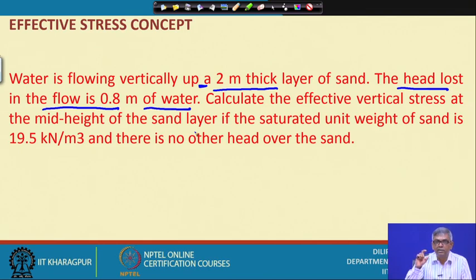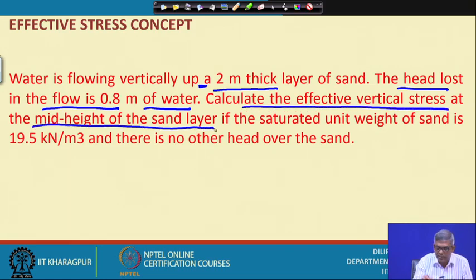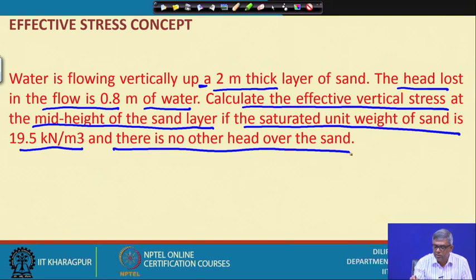That means the difference in head which is causing the flow is 0.8 meter. Calculate the effective vertical stress at the mid height of the sand layer if the saturated unit weight of the sand is 19.4 kilonewton per meter cube and there is no other head over the sand. So, this is the problem.